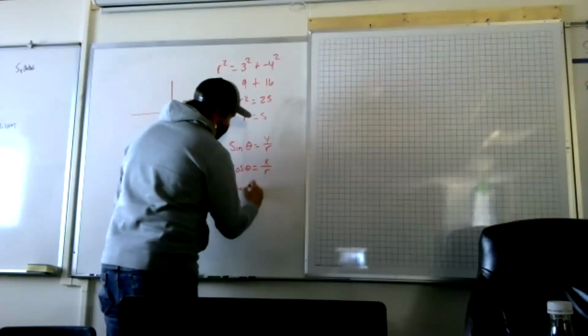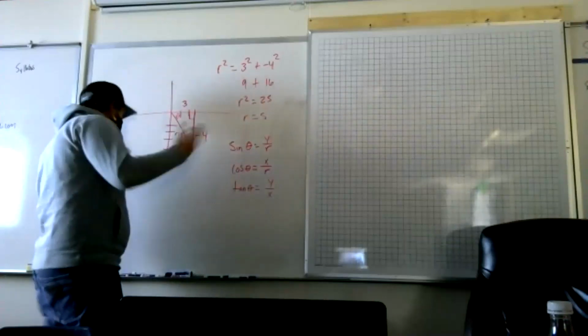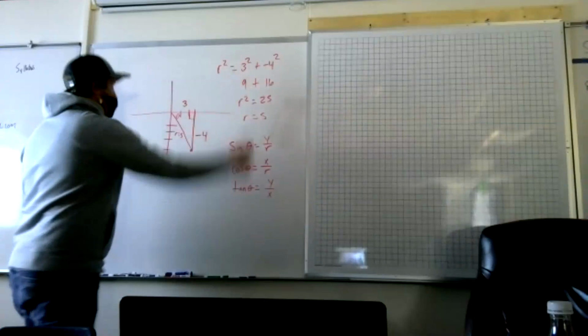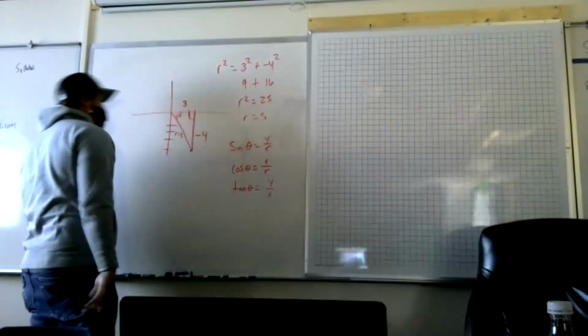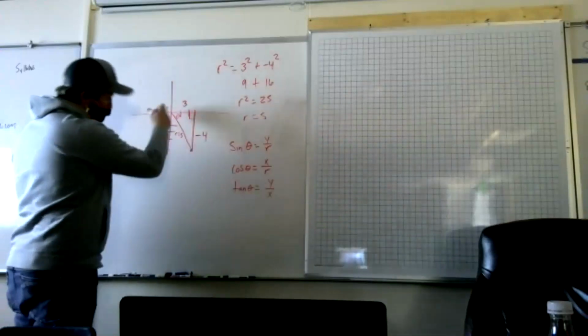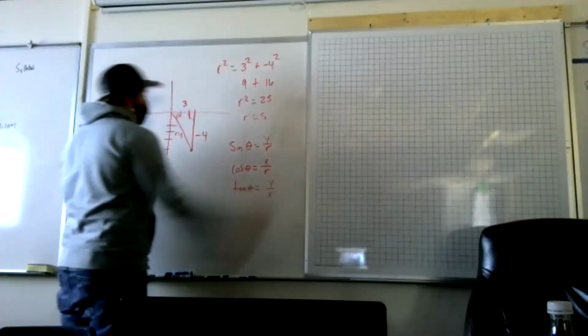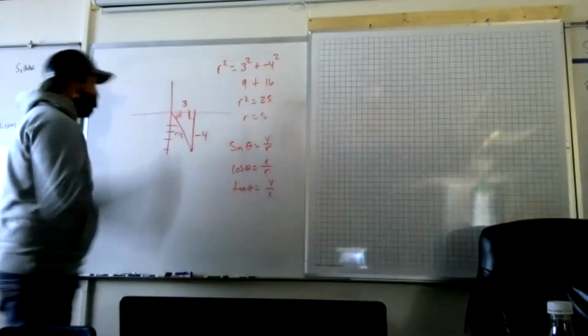Tangent of theta is always equal to y over x. Okay? And if you think about it, the y value is the opposite side. The x value is the adjacent side. The r value is always the hypotenuse. Tangent, opposite over adjacent, so y over x. Now I would just plug those in.